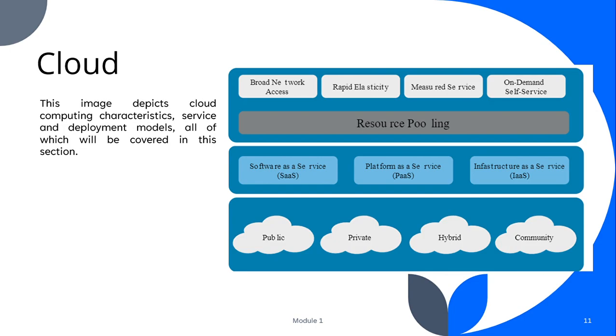So we gave the example of Amazon Web Services, or maybe when you go to all these hosting websites where you can buy your domain, you see that they give you an operating system or whatever. Then you can decide if you want to use WordPress to host your website, or you want to write the code by yourself and then upload it. That's a typical example of platform as a service.